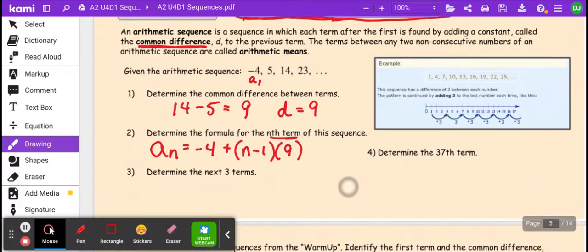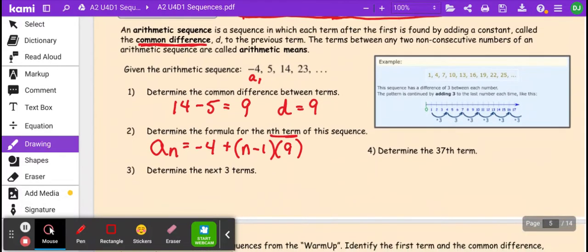If you look at this question, determine the next 3 terms. Again, I'm not saying at this point you'd want to use your formula because you have 23, and you can all pick up your calculator and then add 9 again, and one more time. So again, I wouldn't use the formula for that.